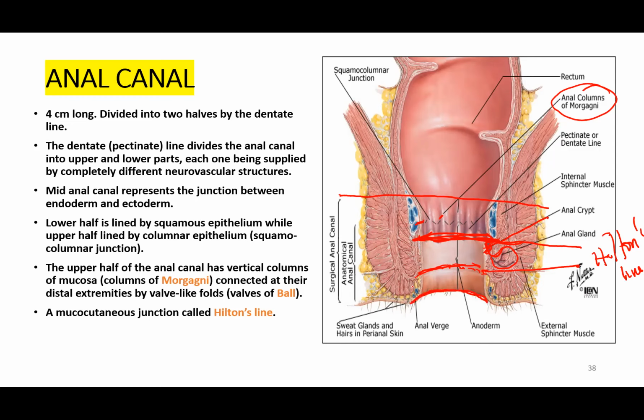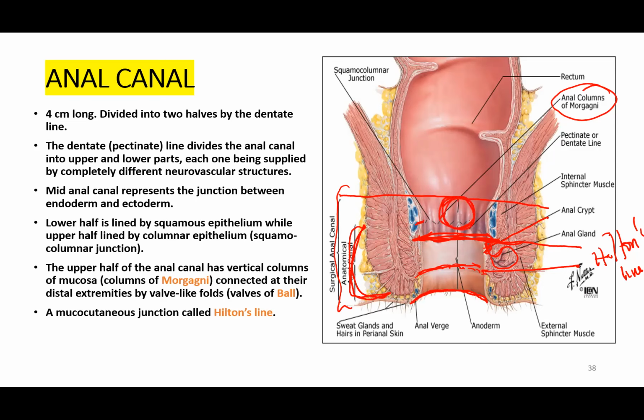Now you should know this lower half is the anatomical anal canal, but the entire length is the surgical anal canal. So you should know tumors that are located in the upper half.